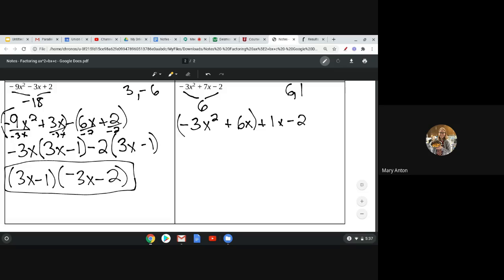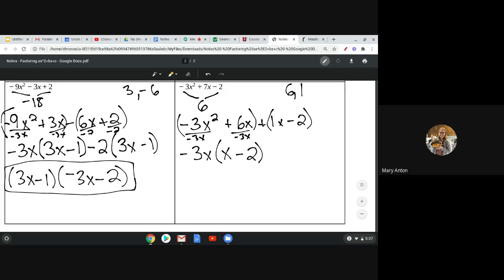All right, let's do some factoring. From our first half of this expression, we can factor out a negative 3x. And if we take out a negative 3x from the first term, we are left with just an x. And if we take out a negative 3x from the second term, we are left with a negative 2.